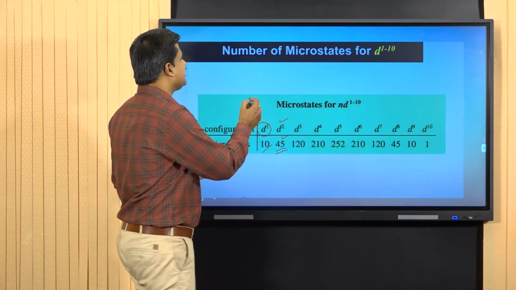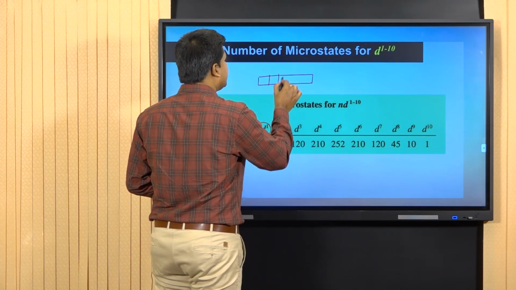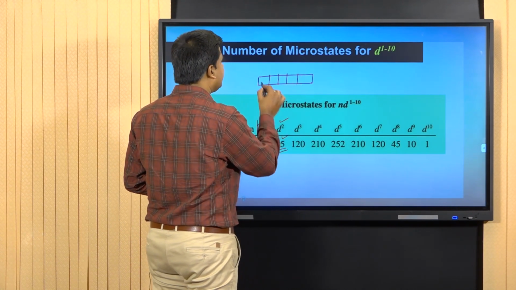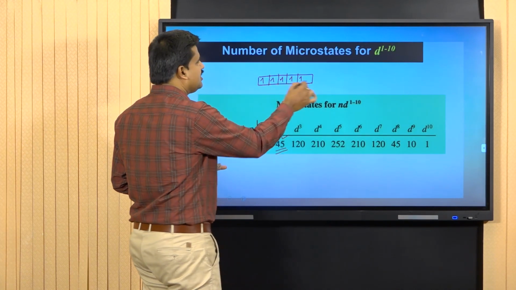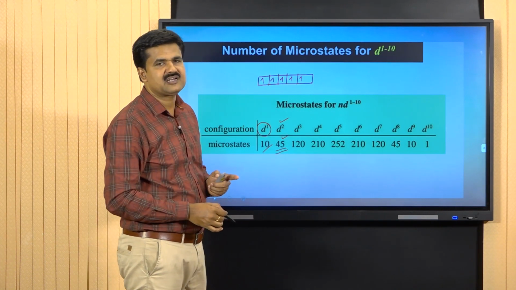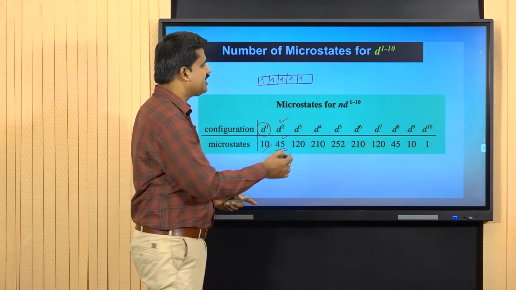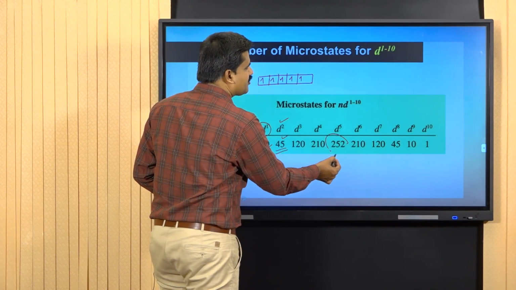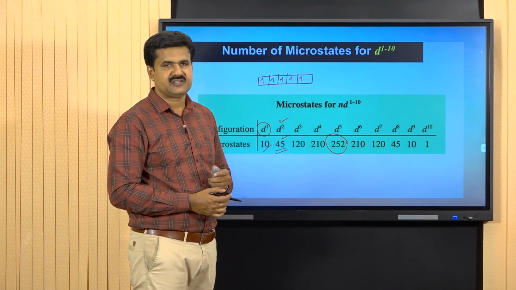It is an arrangement, D5 configuration in the ground state. You know there are 5 d orbitals, and the 5 d orbitals have an unpaired electron in every orbital each. So this is the maximum number of unpaired electrons possible, and this arrangement is a D5 arrangement, and for D5 arrangement the maximum number of microstate is also possible, and that is equal to 252.